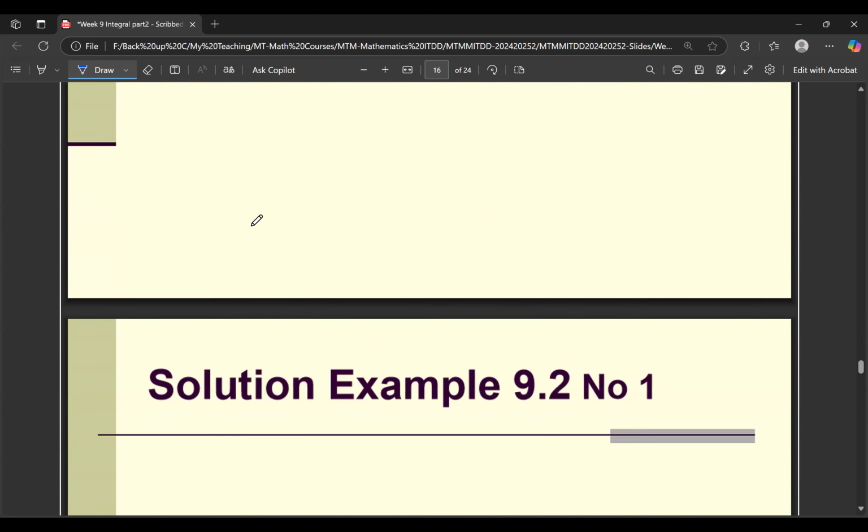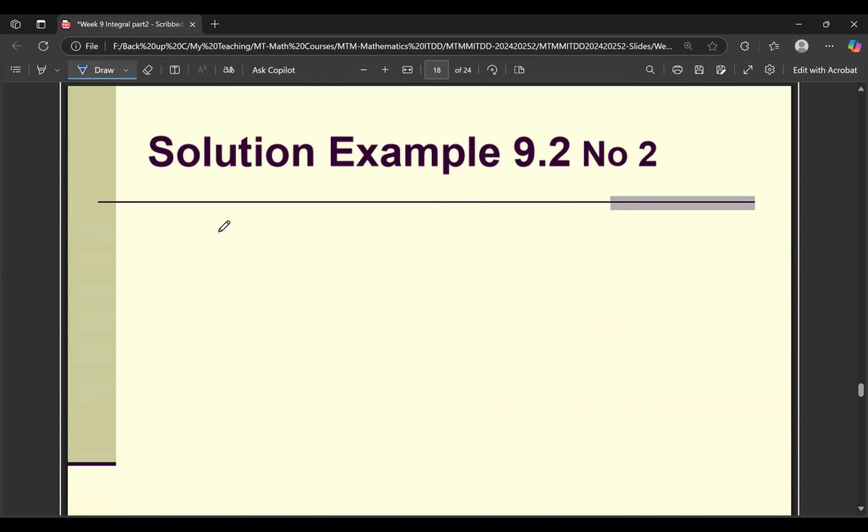I will try in this slide because I have already opened it. Y squared minus 3y minus 7.